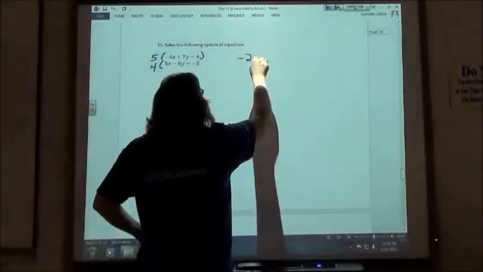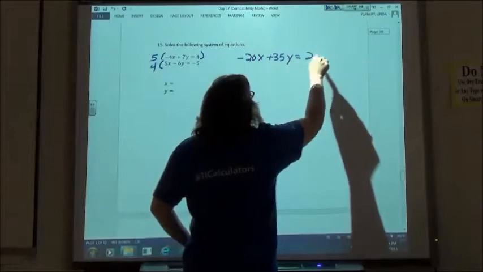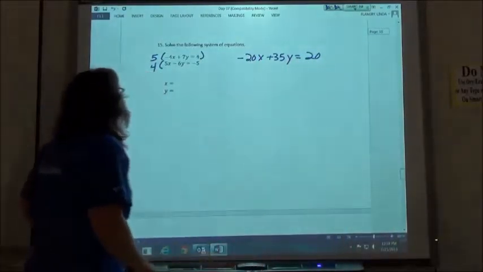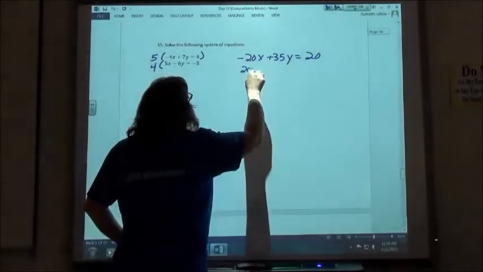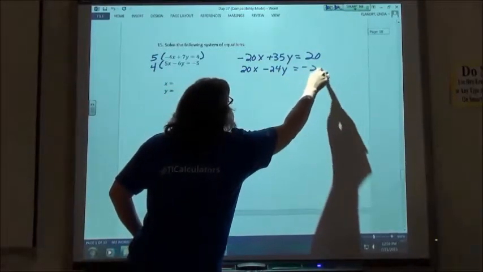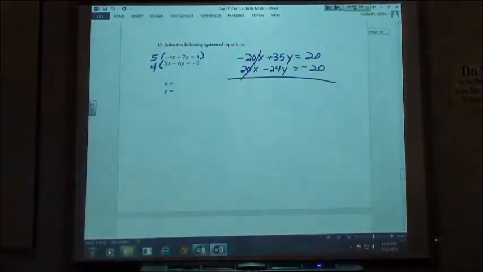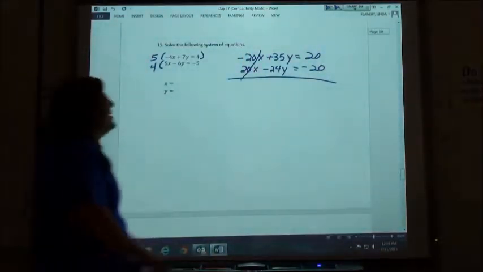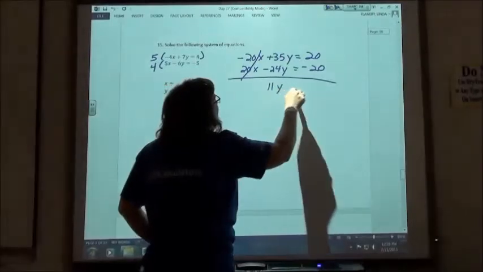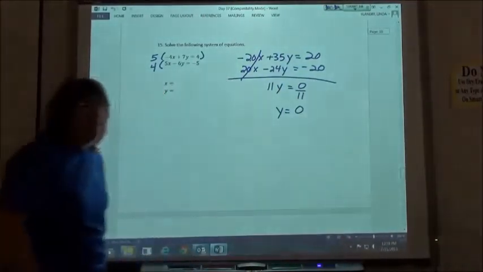So negative 20x plus 35y equals 20. On the bottom, positive 20x minus 24y equals negative 20. Well, that makes that one easy. So I get 11y equals 0, and 0 divided by anything is still going to be 0, right?